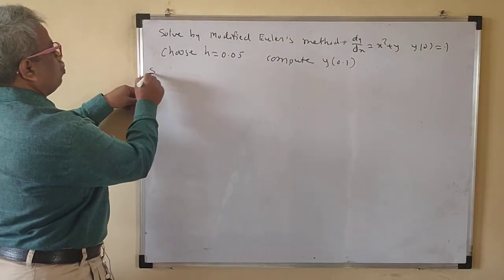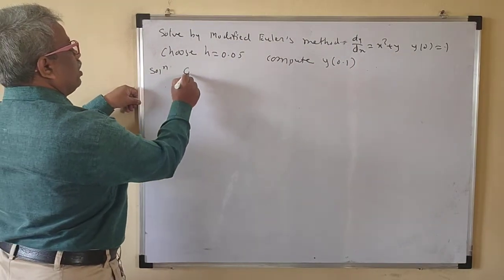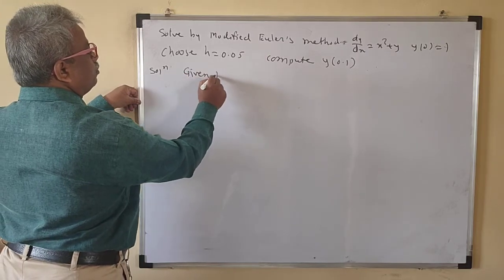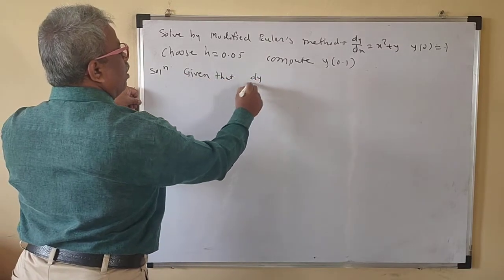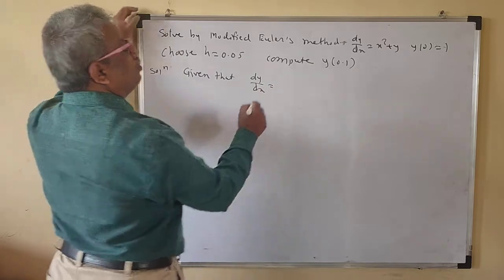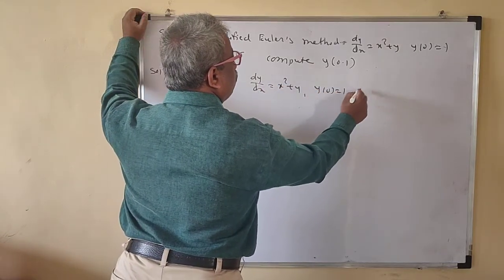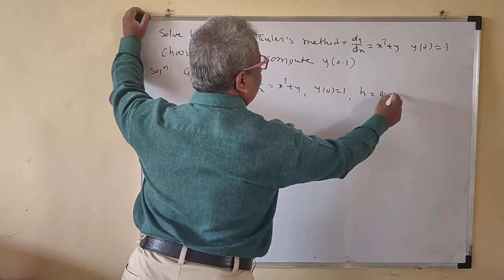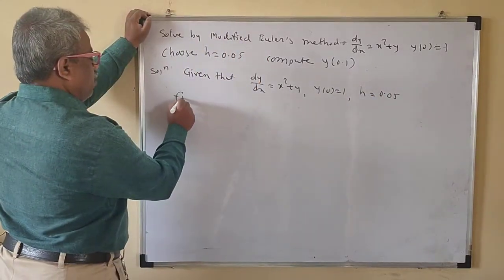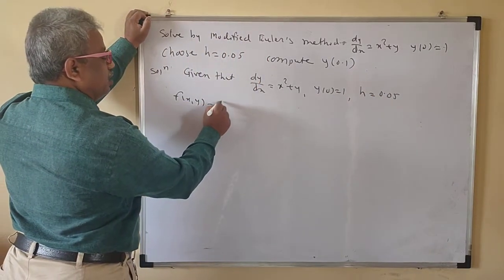Okay. So in the solution, given that dy by dx is equal to x square plus y, y of 0 is equal to 1, h is equal to 0.05. So here f of x y is x square plus y.